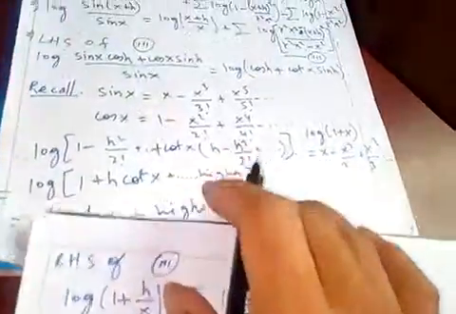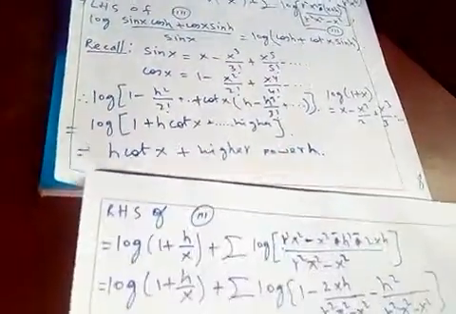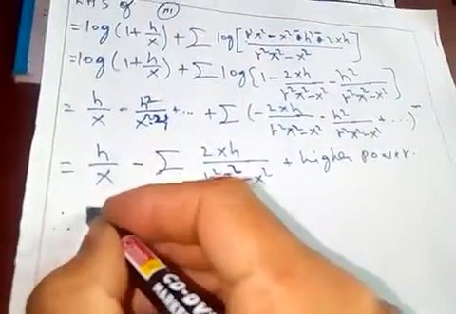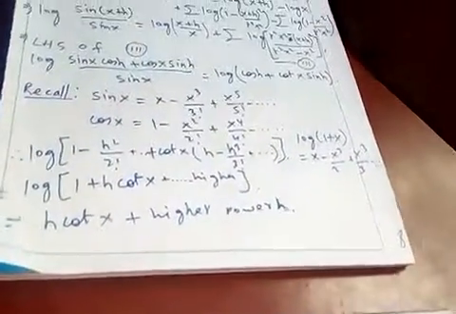What is the left hand side? Log of this one, the left hand side we get h cot x, which is h cot x equal to, here we neglect the higher power, the right hand side.